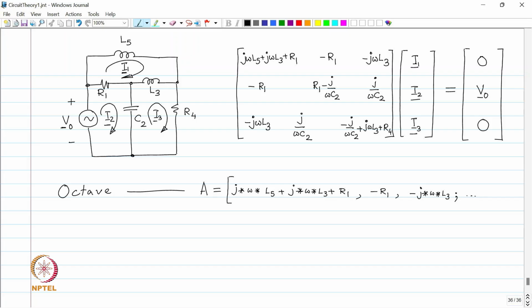Like this you will have to enter the whole thing, then close the bracket. That gives you this whole matrix A.